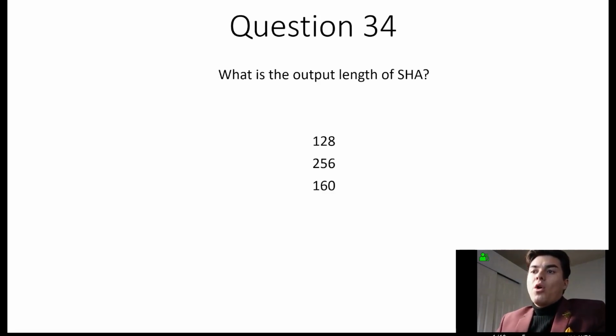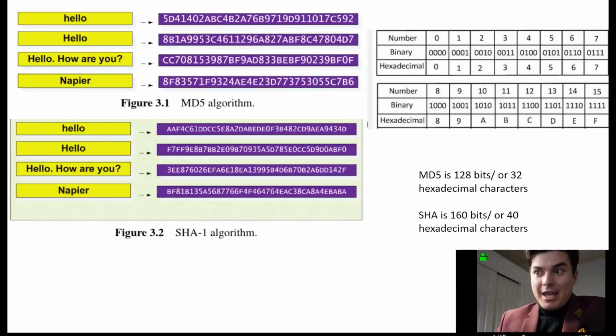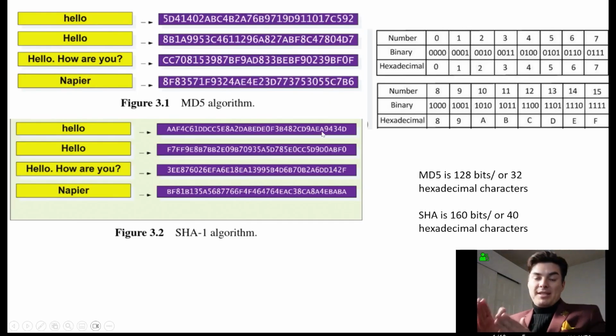Question 34. What is the output length of SHA? I'm going to show you the diagram here of 160 bits, and here's what the hashes look like. MD5 is going to be 128 bits, or 32 hexadecimal characters, and SHA is 160 bits. Bits are just ones and zeros, and this is what the hexadecimal looks like.